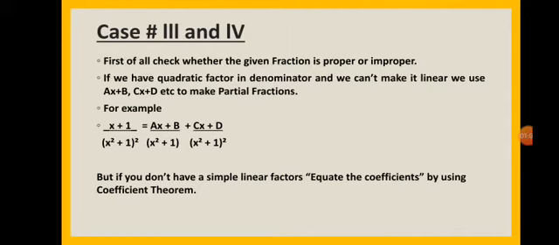Remember students, in some cases there will be neither a linear factor nor a quadratic factor in denominator. In such situation we will make these algebraic expressions and convert them into linear or quadratic by using the factorization method.